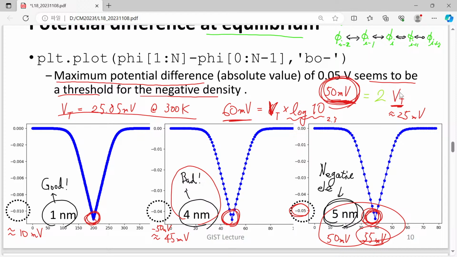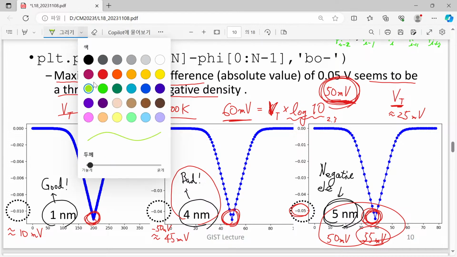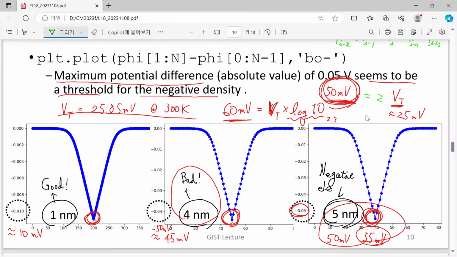Why do we have twice the thermal voltage for the threshold of occurring negative electron density? Seems to be quite strange. So it seems that there is no reason why we must have this factor number 2. So number 2 seems to be redundant. Why do we have this kind of thing?